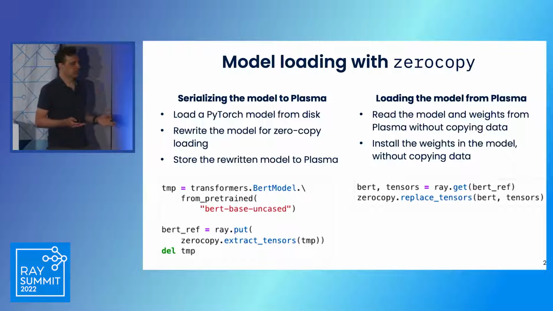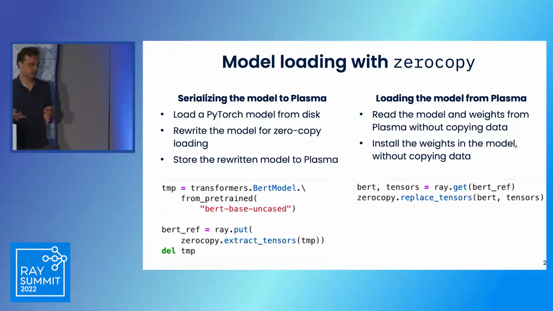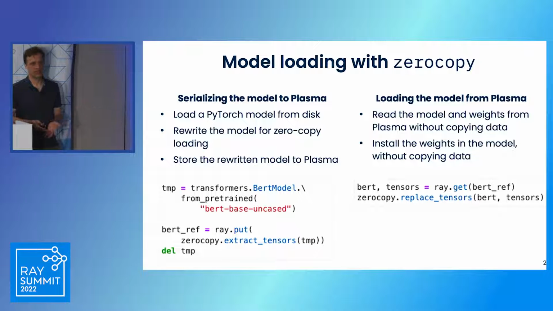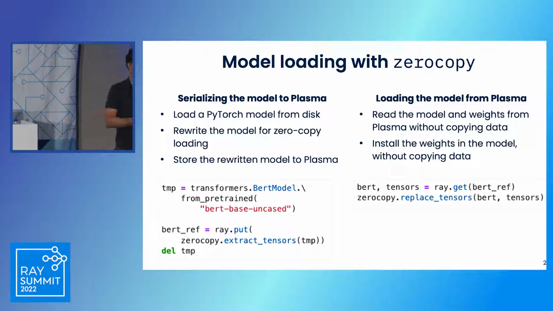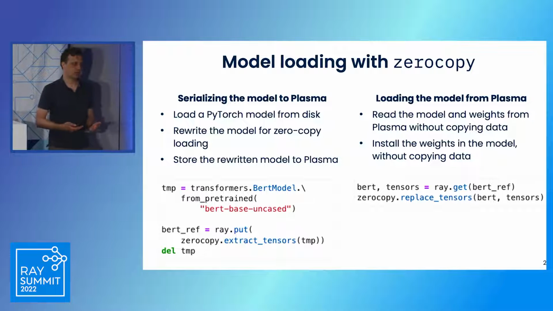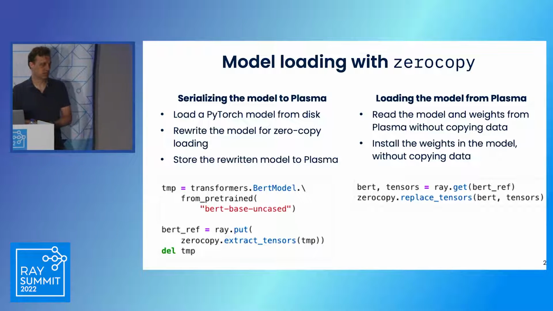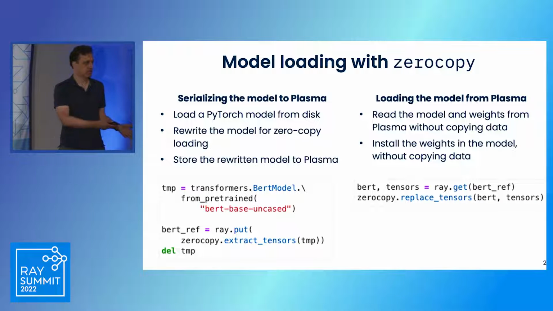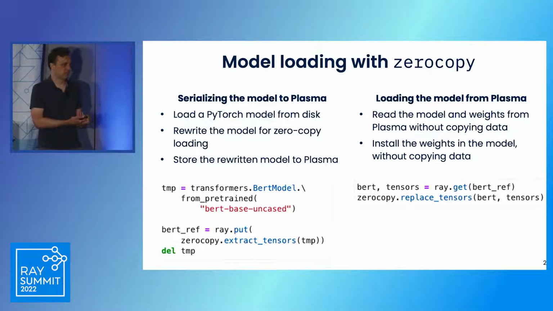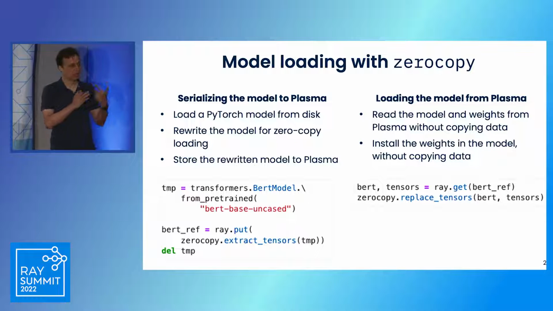So if we use the code in the zerocopy library, we can implement these 2 three-step processes with basically 2 lines of Python code. On the serialization front, this step that you do once on your application startup, first you load the model in the portable way, then you run it through zerocopy's extract_tensors function. This walks through the graph that comprises the model, identifies the weights, pulls them out, replaces them with placeholders, and converts to NumPy arrays. That returns a tuple that you can directly write to Ray's object store with ray.put.